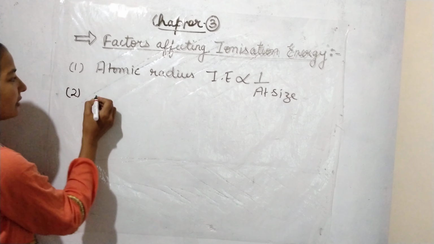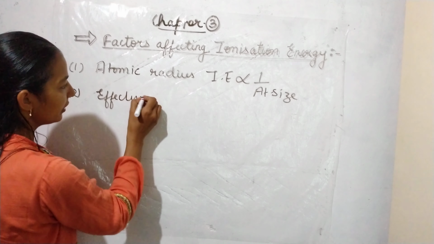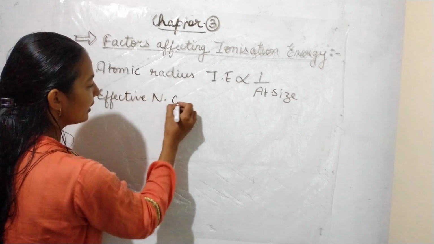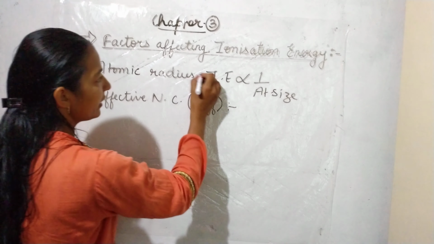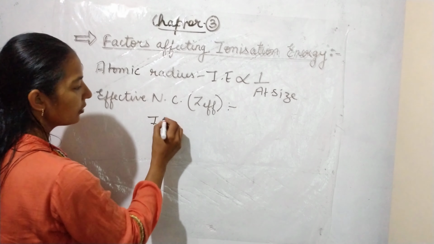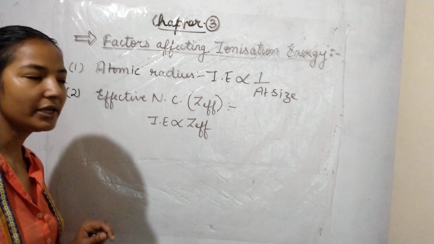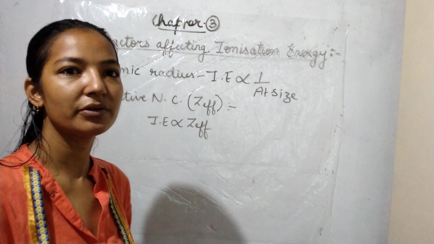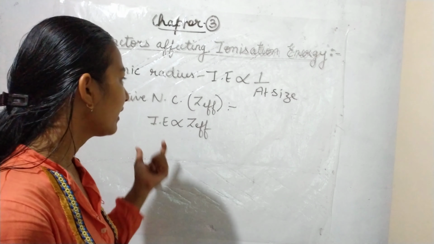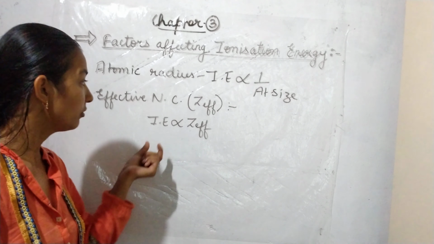Second one is the effective nuclear charge, that is we can say Z effective. The ionization energy is also directly proportional to Z effective. If we increase the effective nuclear charge, it means the size of atom continuously decreases, and in that case the ionization energy will also increase.